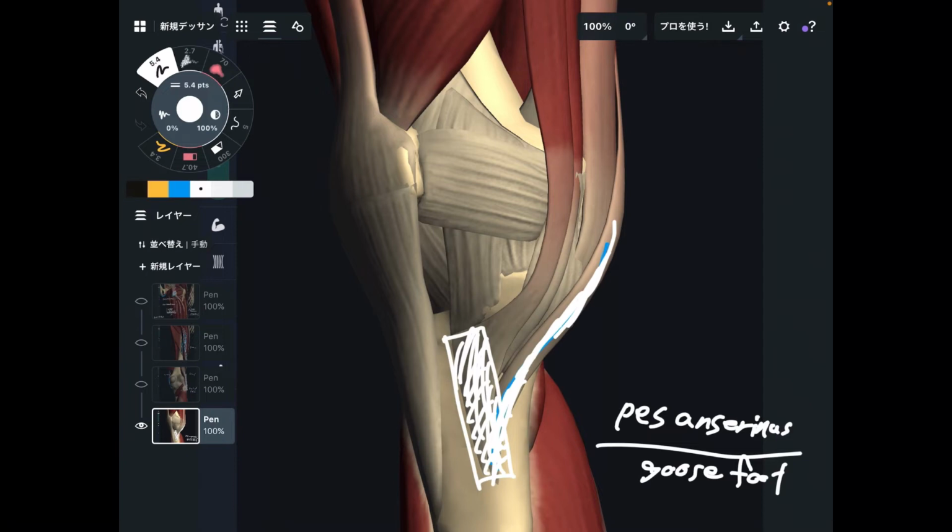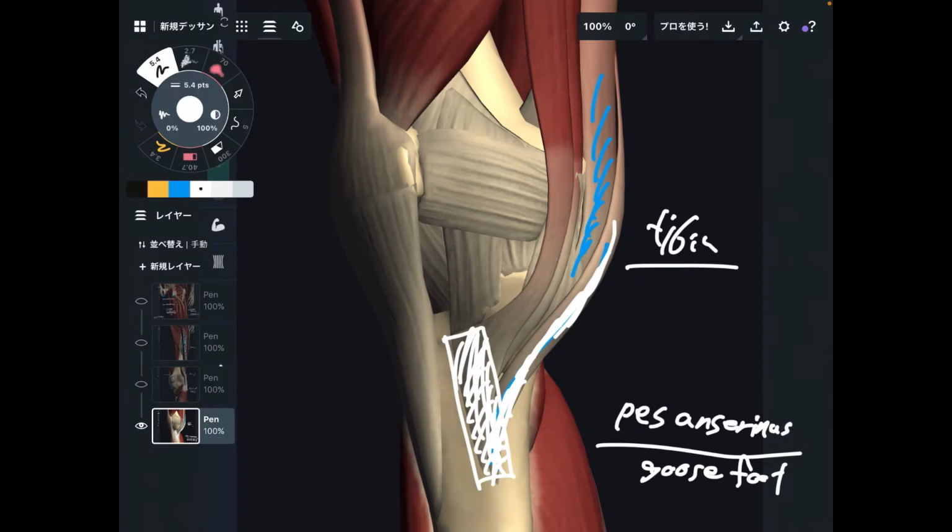How about semimembranosus? This is semimembranosus. This muscle has so many attachments. I would like to talk about semimembranosus specifically in another video. So let me put the tibia in this video. Basically, semimembranosus attaches to the tibia. Of course, there are numerous attachments.